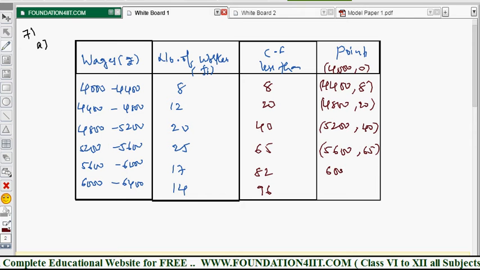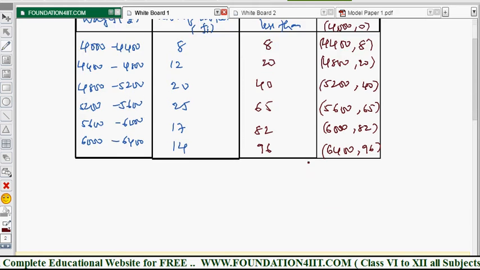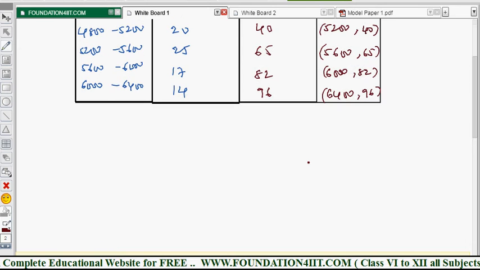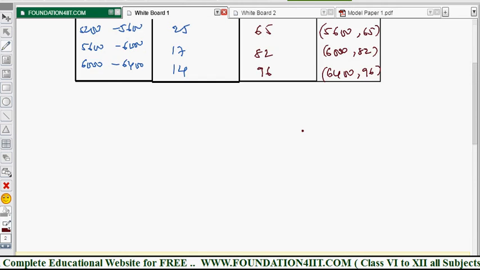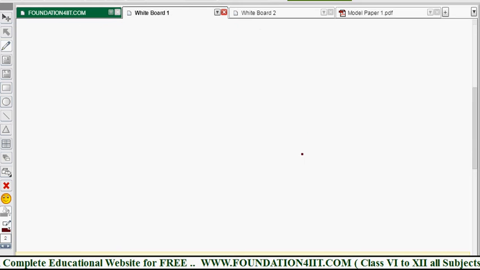Again 6000 comma 82 and 6400 comma 96. Once you put these points on the graph, you can solve the problems easily. When you take the graph paper for this, the least value is 4000 and the highest is around 6400.